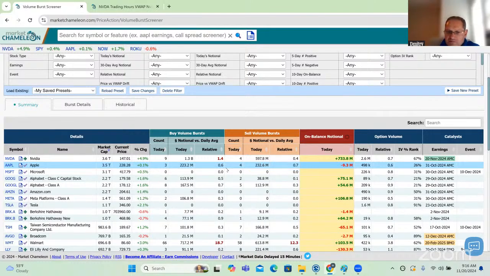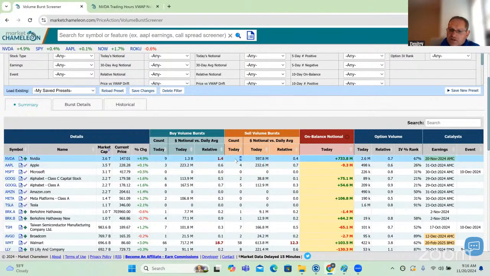And then we do the same thing for the sell bursts. How many total sell bursts were there? 4. What was the total dollar value of those? Around 600 million. On a relative basis, how does that compare to the last 30 days?